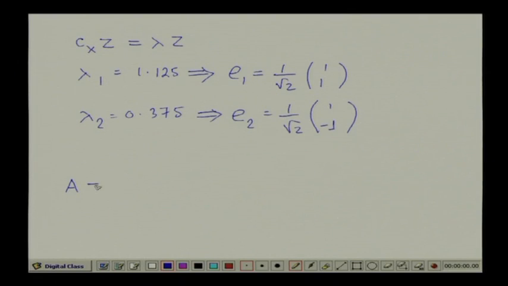So, in this case, the transformation matrix A will be simply given by 1 upon root 2 into [1, 1; 1, minus 1].